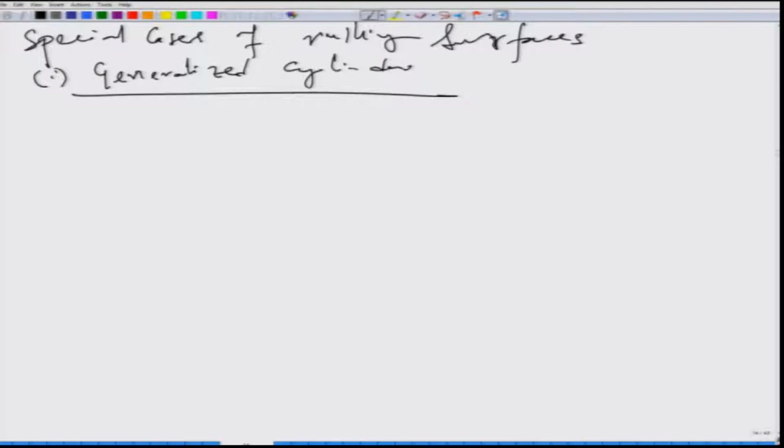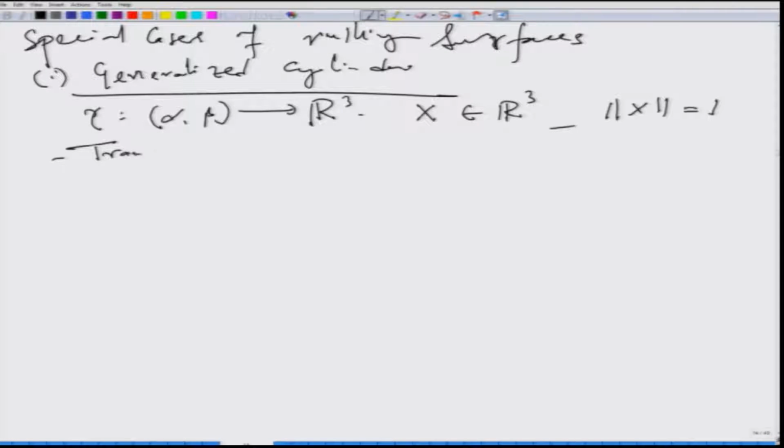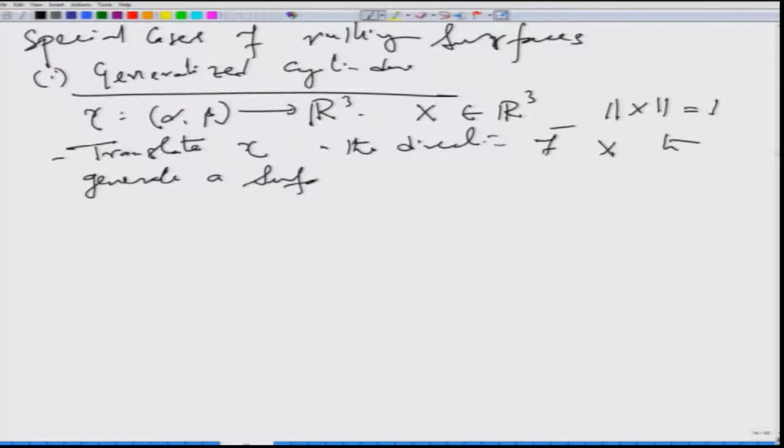So, again since it is a ruled surface, it has to be a union of straight lines, so my curve gamma is from some interval alpha beta to R3, x is a vector in R3, let us take a unit vector, and you translate gamma in the direction of x to generate the surface S. What is happening here? So, it is a special case of a ruled surface, what I said.